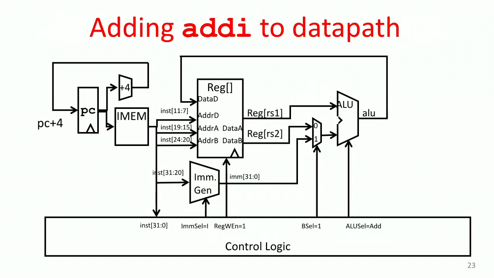Here's the change. You can look at it as I switch back and forth. We add that multiplexer in front of the ALU. We add an immediate generator, which for now really is just a sign extender. It takes instruction bits 20 through 31 and makes an immediate that is 32 bits by sign extending it.